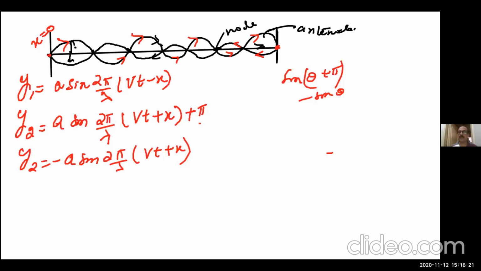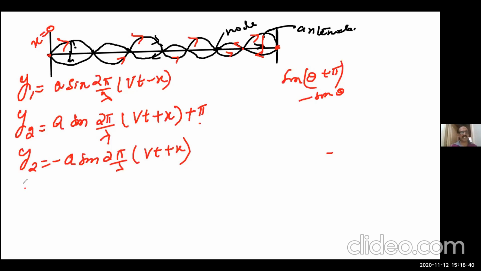Now by the superposition principle, when these waves are added, in some places they add like that. Superposition principle means when we are meeting at a point, there will be vector addition. Waves will be added up.